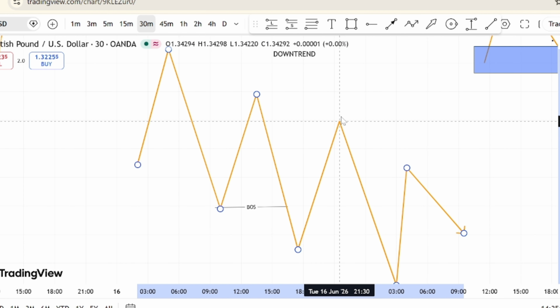So this one here is a downtrend, as you can all see. But I usually get confirmation from the higher time frame. My higher time frame is the 4 hour. Now let me add my text box for time frames.